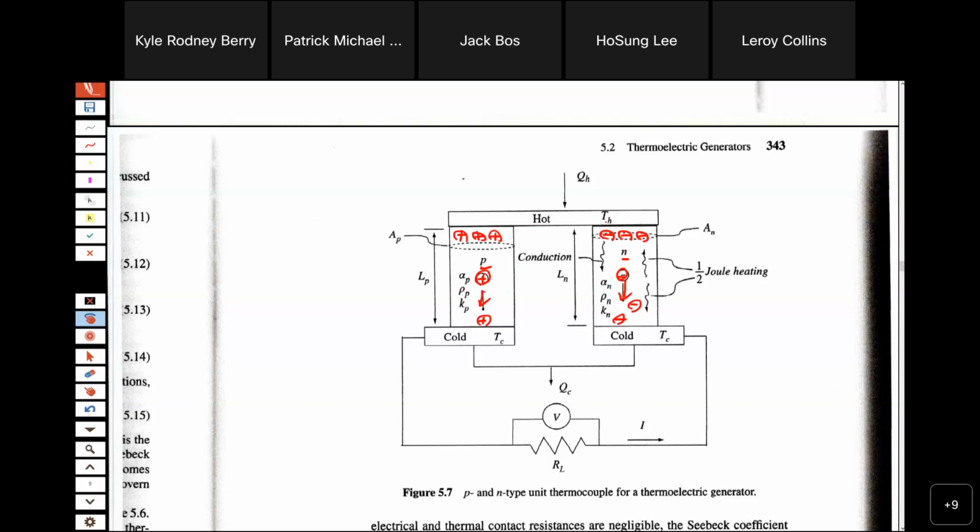Hot, TH, and cold, TC. Then we put some voltage or a load resistance, and this is a circuit. QH is the hot side, QC is the cold side, TC.